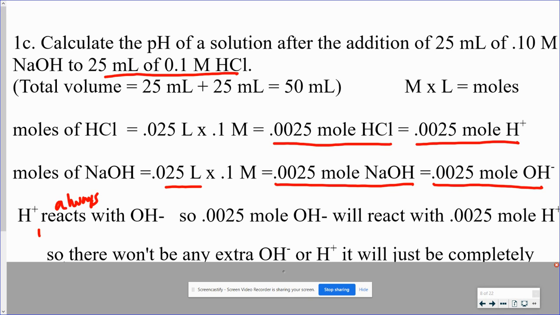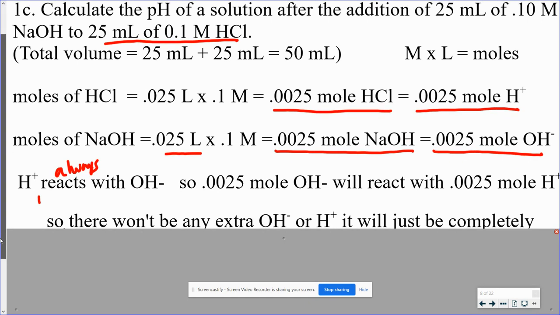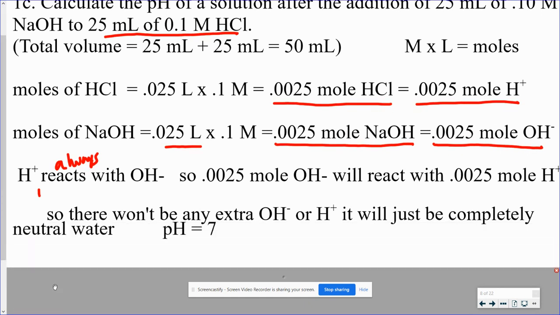Again, H+ always reacts with the OH-. So those two are going to completely react, and that means there won't be any OH- left over or H+ left over. They're going to completely react.